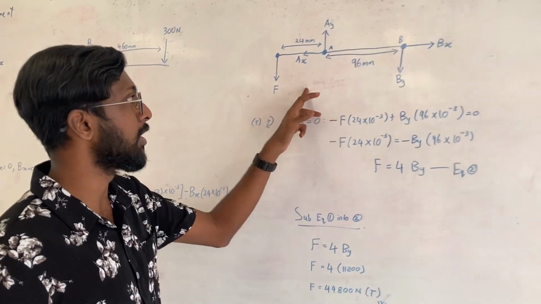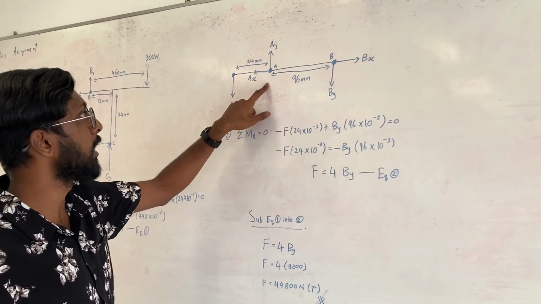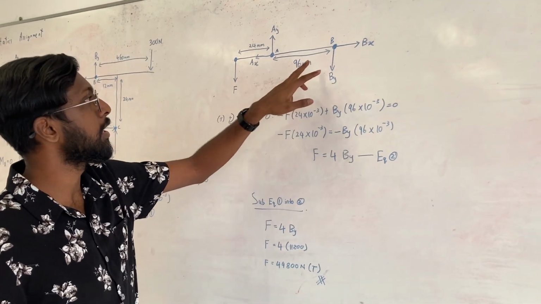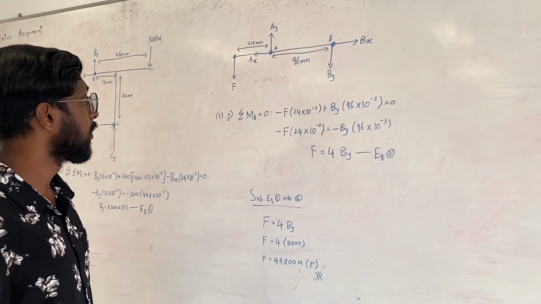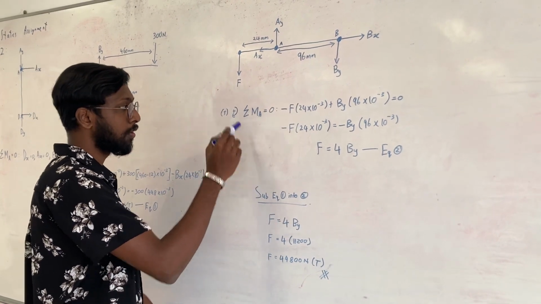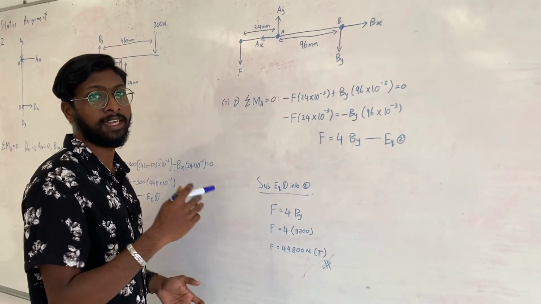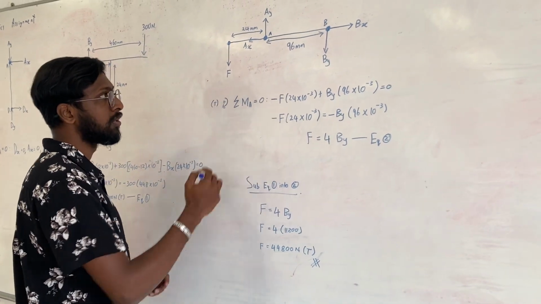Moving on to the third free body diagram, we have 3 points. Force F, point A with the components Ax and Ay, point B with components By and Bx, as well as their distances. So using the equation of equilibrium, assuming clockwise is positive and forces are in tensile, summation of moment about point A equals 0.